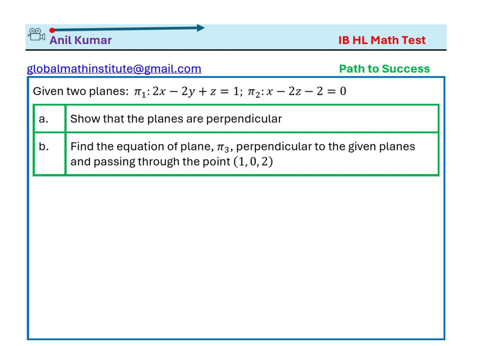Perpendicular means cross product. Once you do the cross product, you get another direction which is perpendicular to both, right? So let's find n1 cross n2.